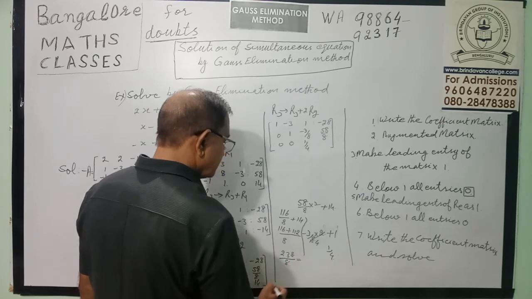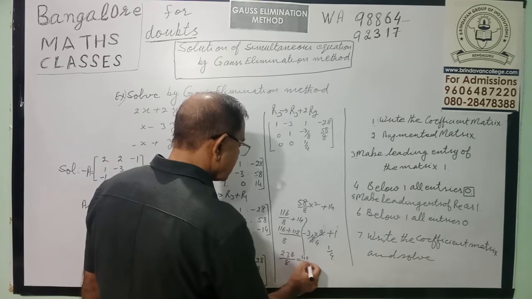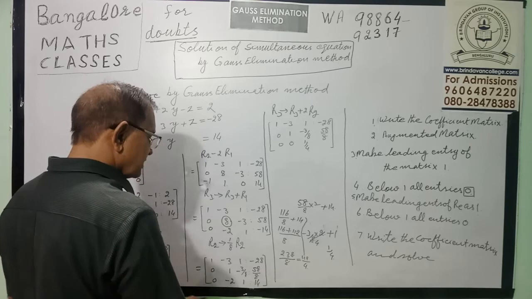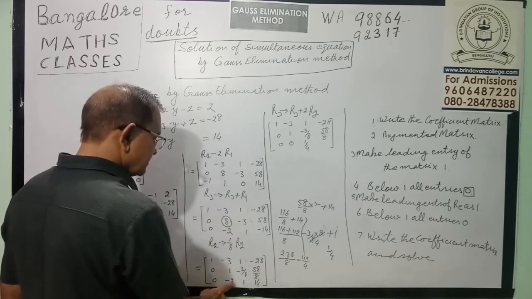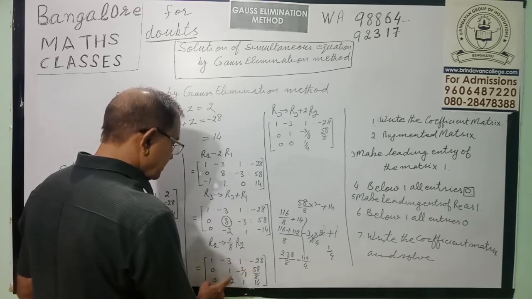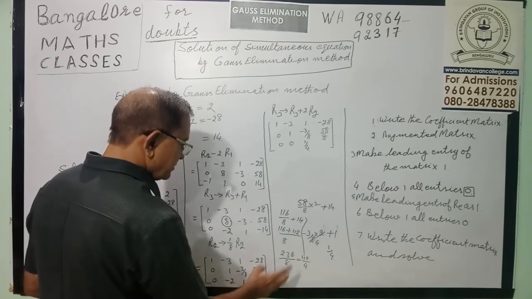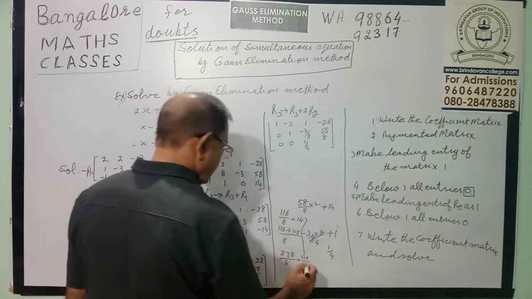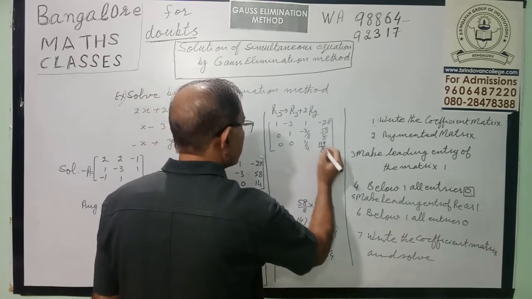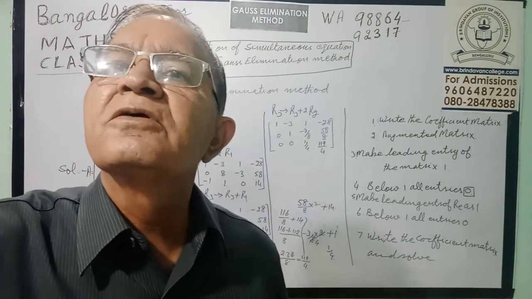I think we can divide it by 2. 2 ones are 2, 2 nines are 18, 2 fours are 8. So it will come out to be 119 by 4. Now go for the coefficient matrix and then solve it.